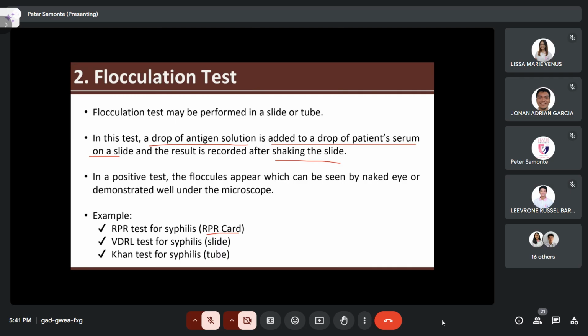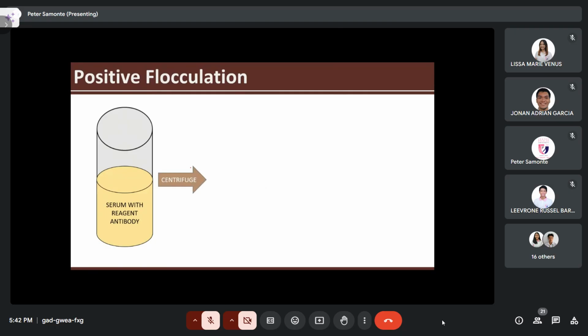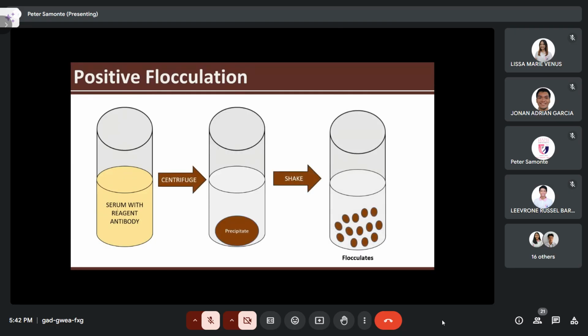Then we have your VDRL test for syphilis, which would use a slide, and the CAN test for syphilis, which would use a tube. So let me repeat, class, the procedure of this: you would add a drop of antigen solution to a drop of patient serum on a slide. Then you would wait for precipitation to occur by shaking the slide. Floccules would appear, class, like clumps, like clots. So here you would have the serum with the reagent antibody.